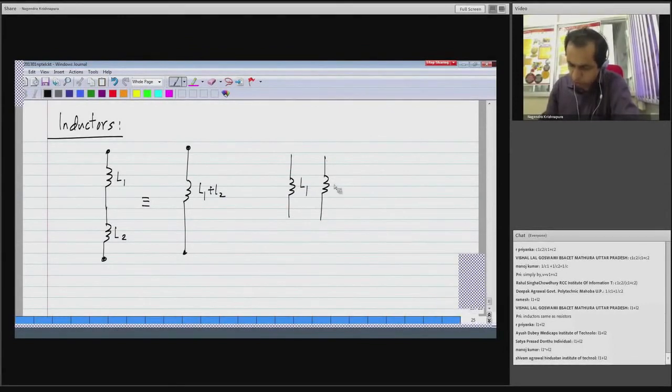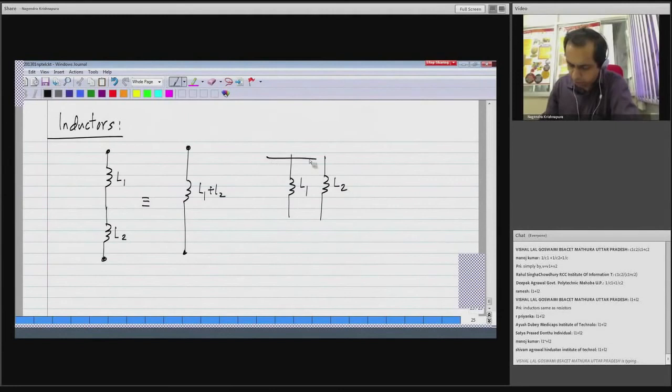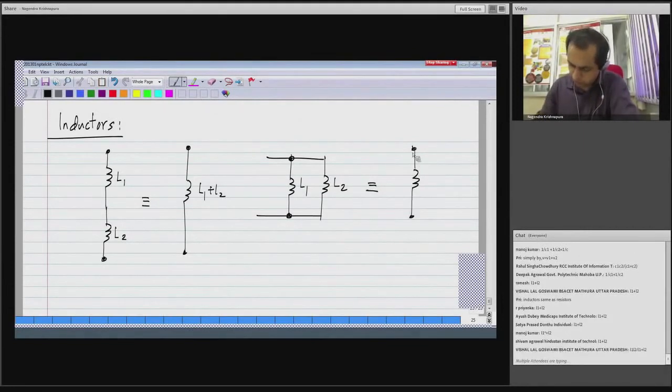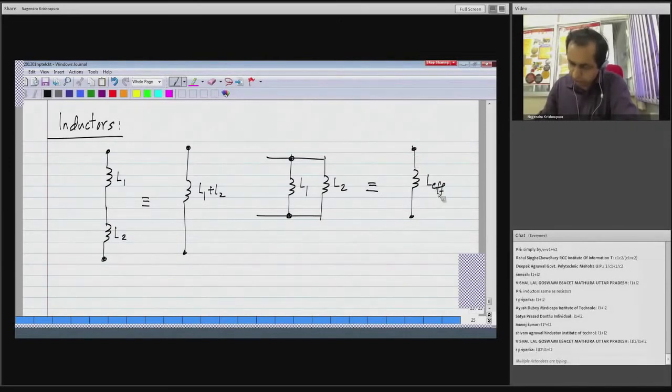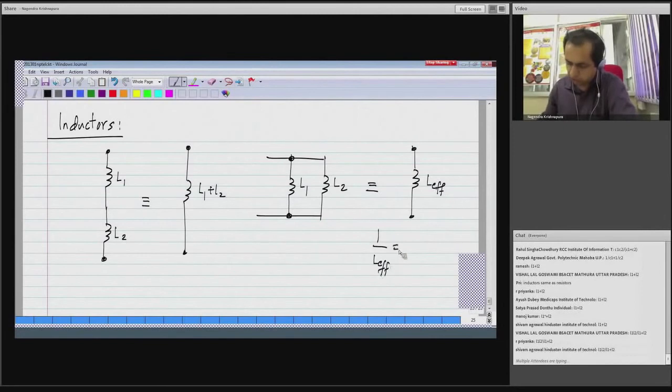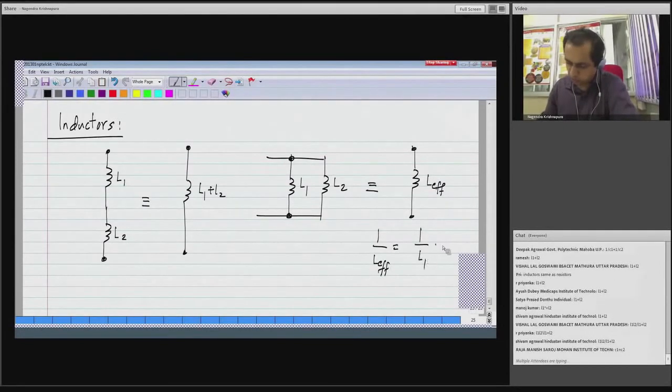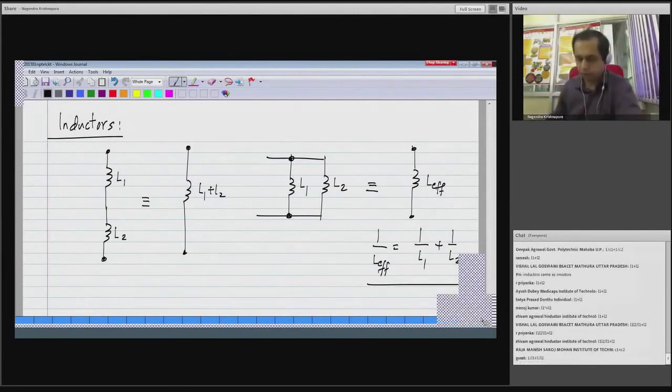And if you have two inductors L1 and L2 in parallel, this will be equivalent to a single inductance L effective, and the reciprocal of L effective will be the sum of reciprocals of all these inductance values.